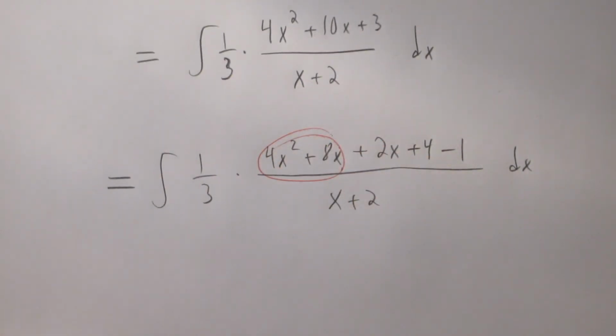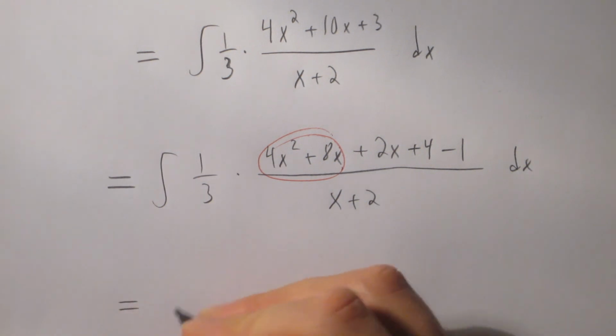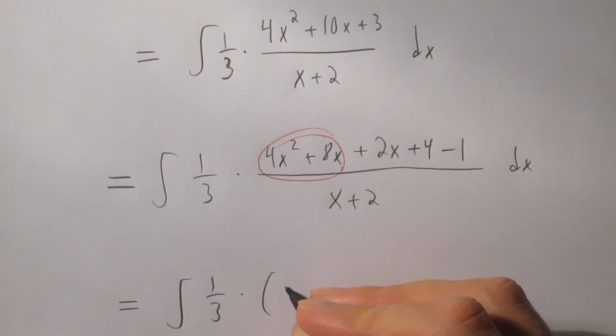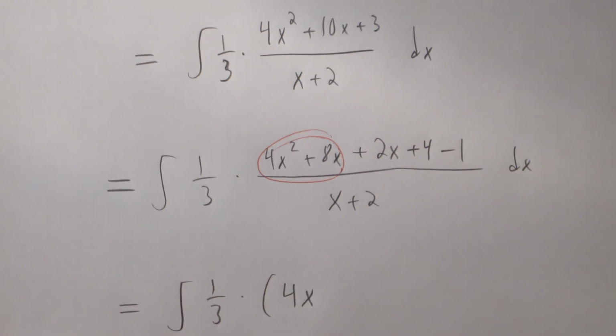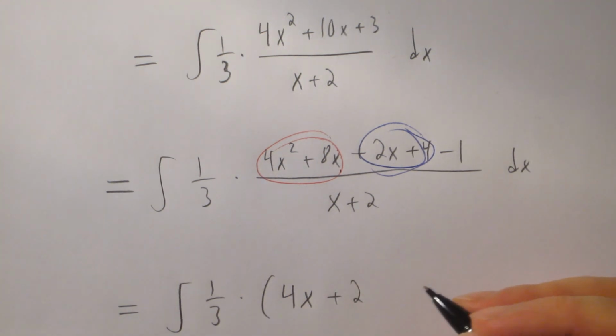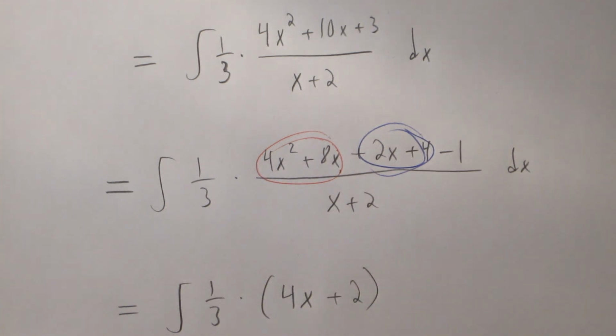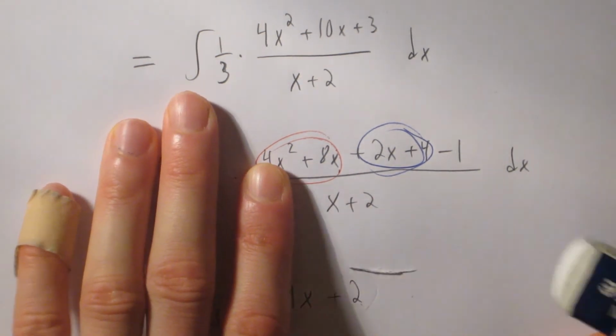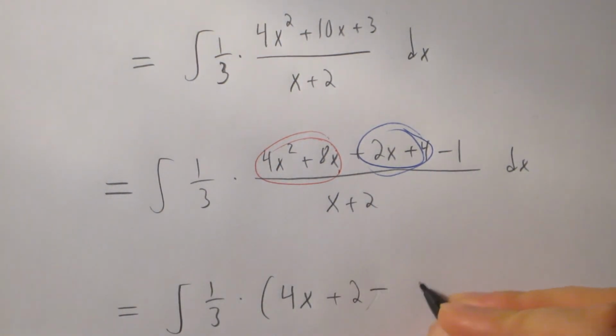Well, because this divided by x plus 2 is 4x, right? This becomes 2 when you divide it by x plus 2, and then we had that minus 1 remainder left.